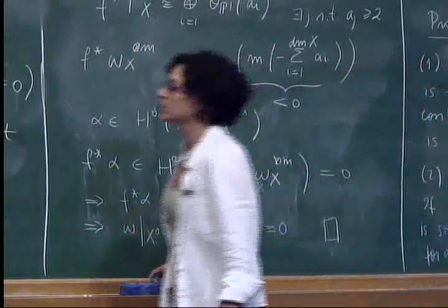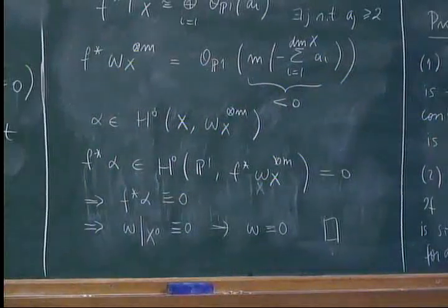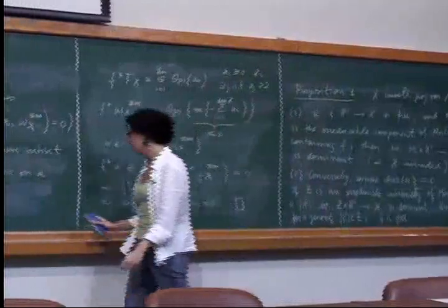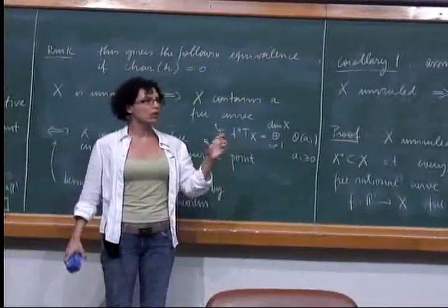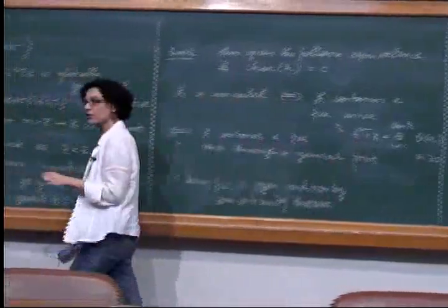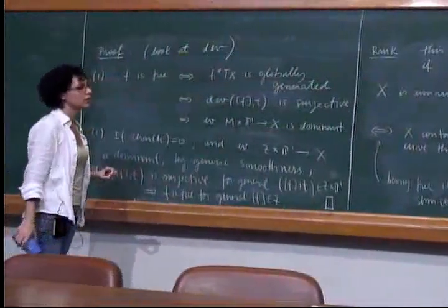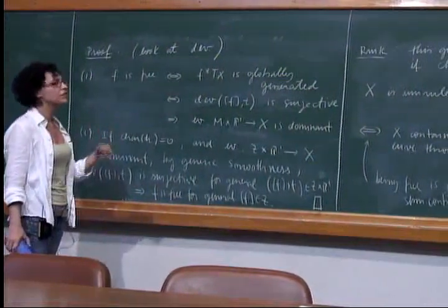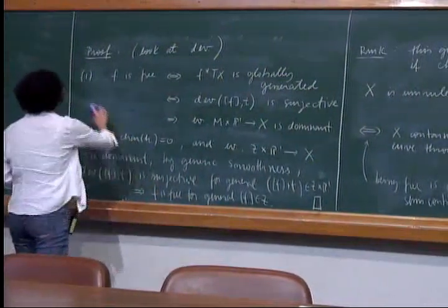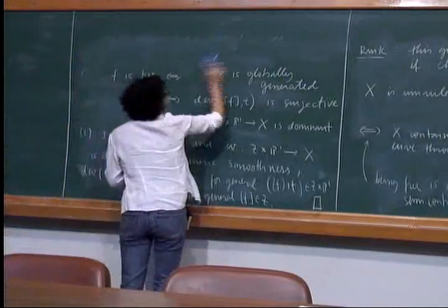So this shows that in characteristic 0, uniruledness implies negative Kollár dimension. And as I mentioned in my first class, the converse is one of the most important conjectures in this area, to characterize uniruledness by the negativity of the Kollár dimension. So let me restate this just to make the point.